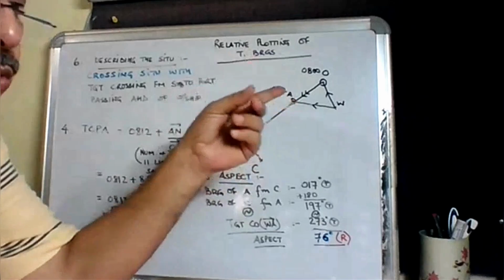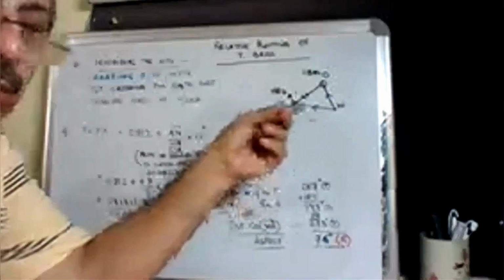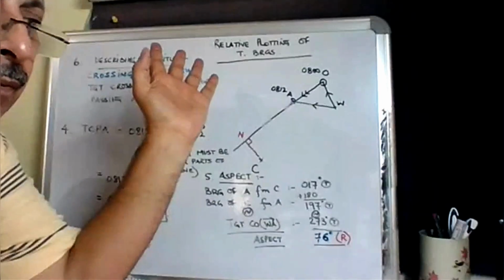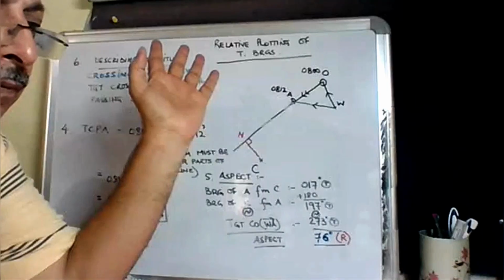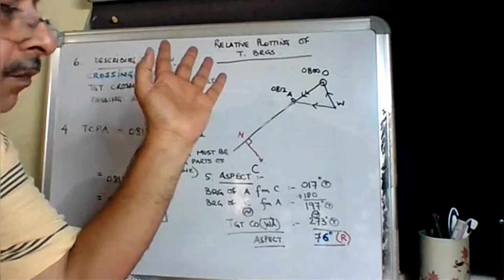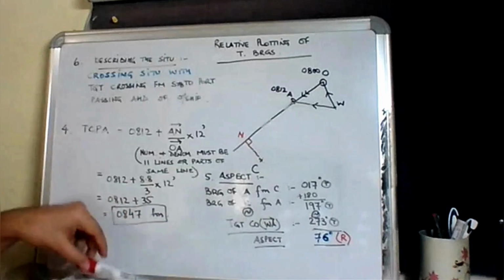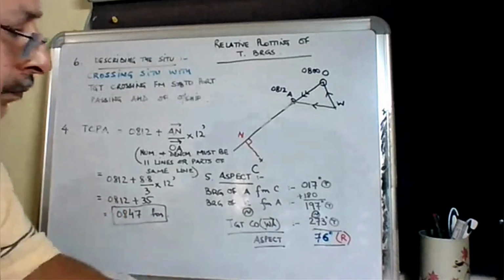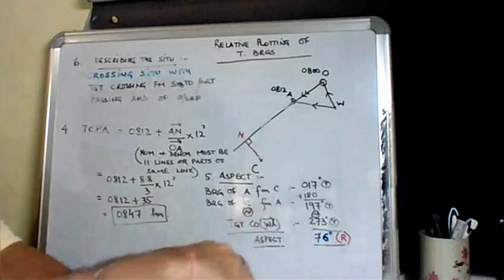If ownship alters course, WO will become WO1. Is this okay? Yes. All right.